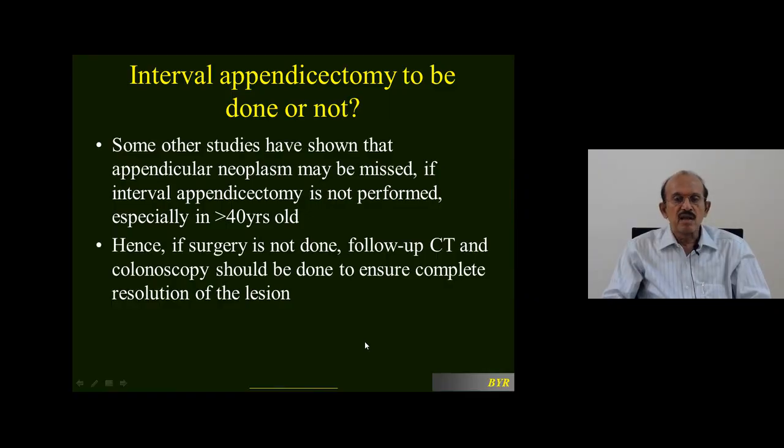Hence, if you're not going to do surgery for post-appendicular lump cases, you have to do follow-up with CT and colonoscopy to ensure complete resolution of the lesion. Unless you do a CT scan and find a completely normal appendix without any neoplasm, you cannot be satisfied. Otherwise, you must go for surgery.